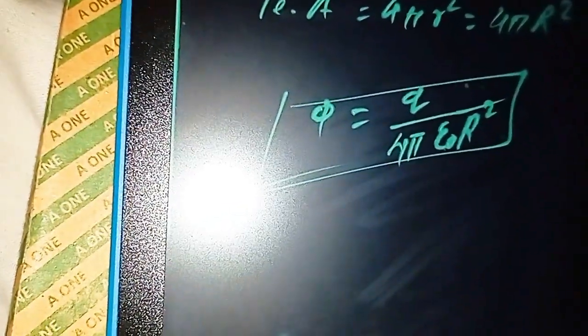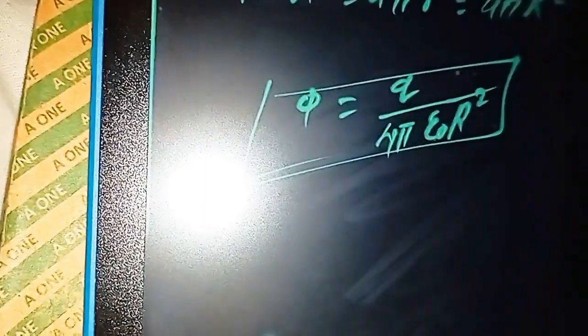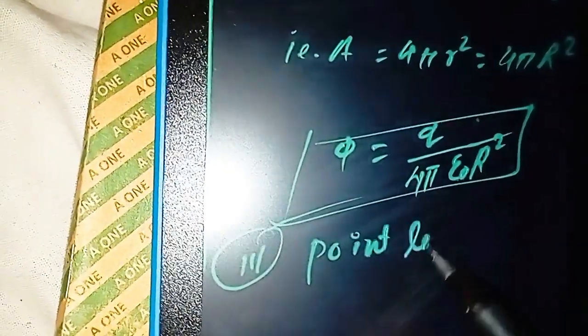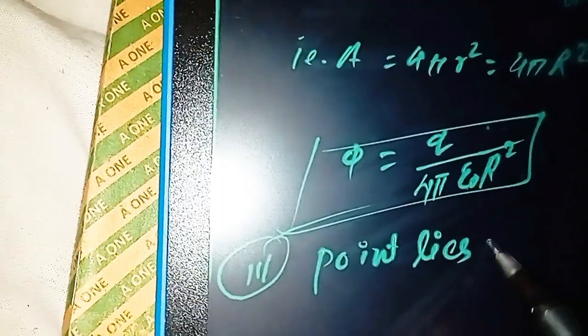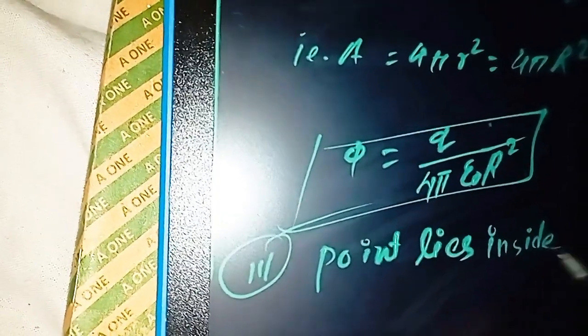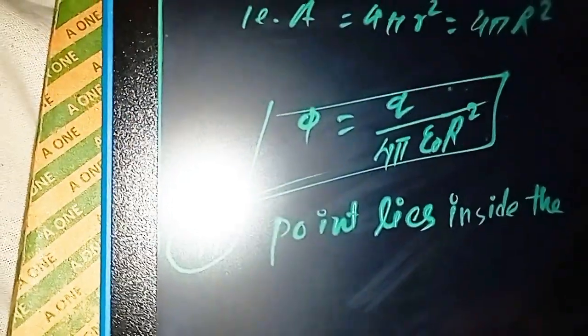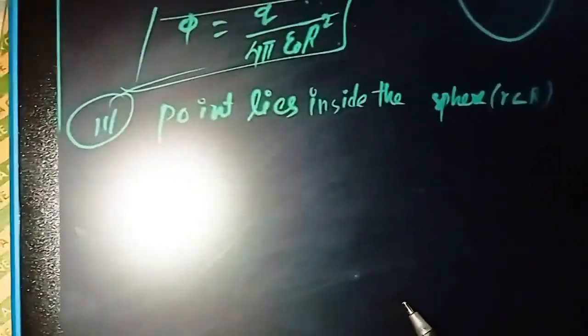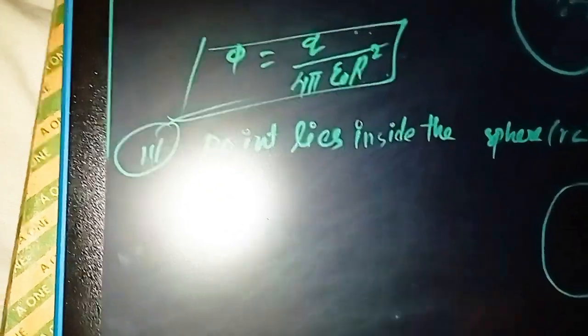This is simple. Then we will see the third application of Gauss law, which is when the point lies inside the sphere, when small r is smaller than capital R. Okay, let us draw a sphere.